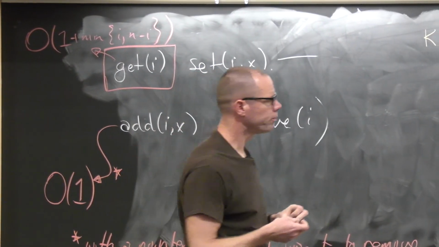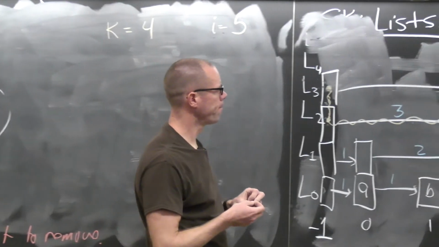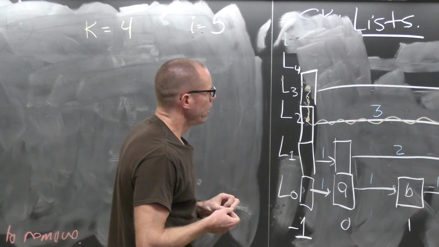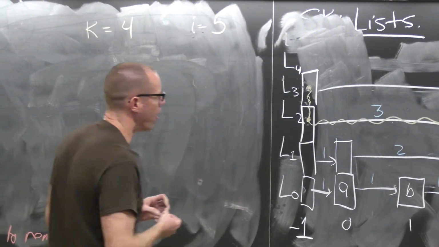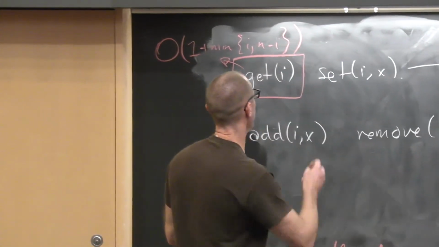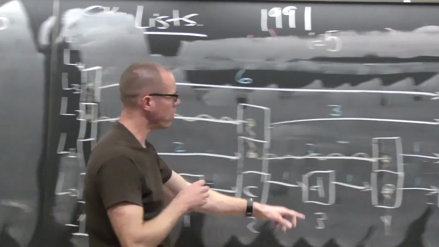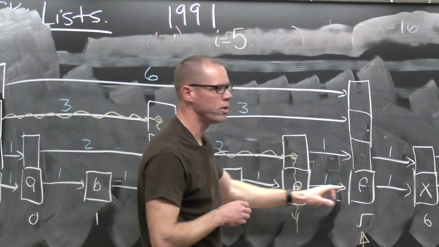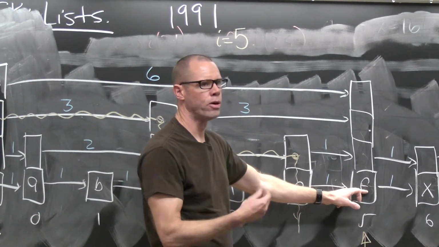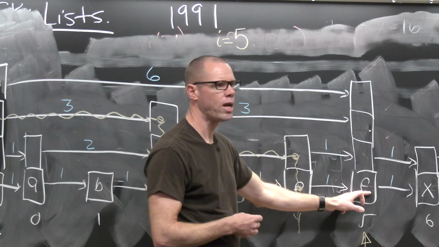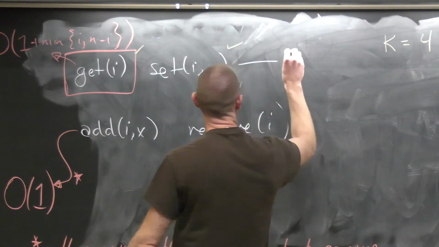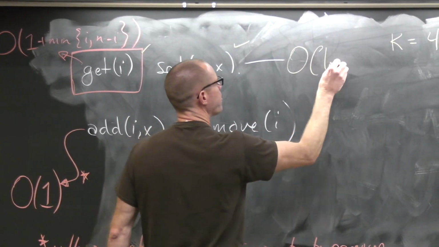So that's good. So I think now get and set are easy. You just follow the search path. That takes you to the node in L0 that precedes your node, and you either return the value stored in the next node or you change the value stored in the next node. And so that will take O of log n time.